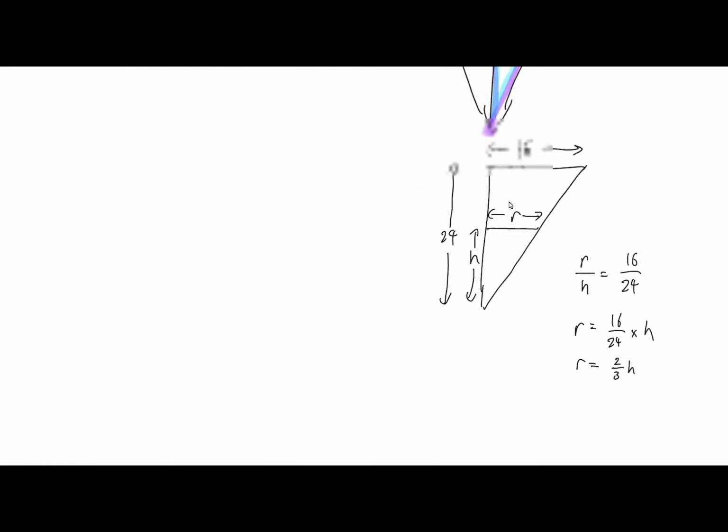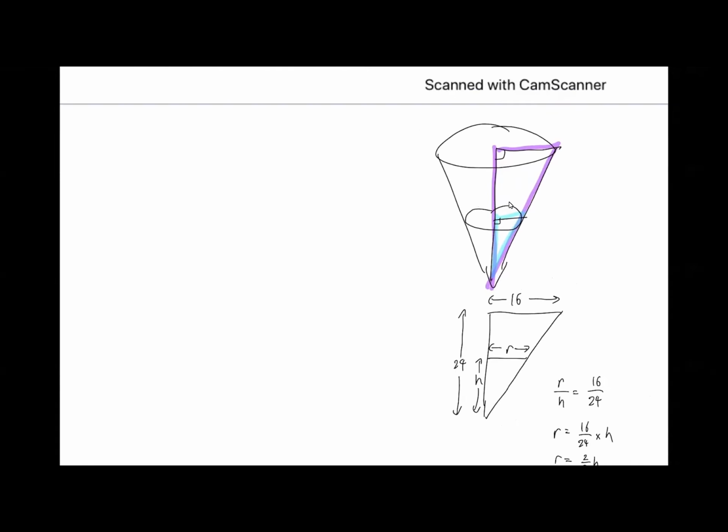Okay. So what is the volume of the cone? V equals 1/3 pi R squared H. Which letter do you want to keep? We want to keep H, so the R has to go.